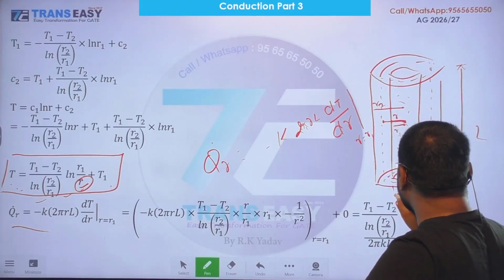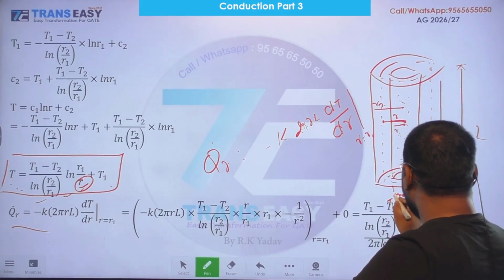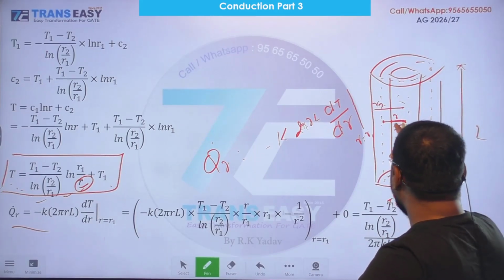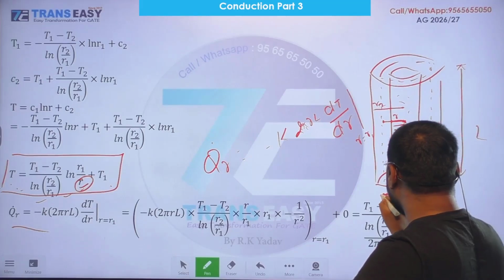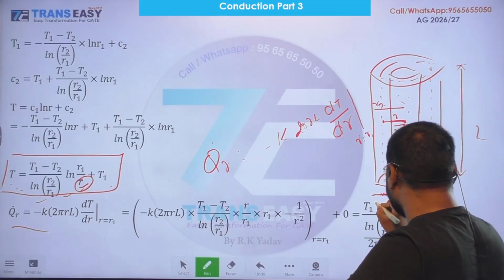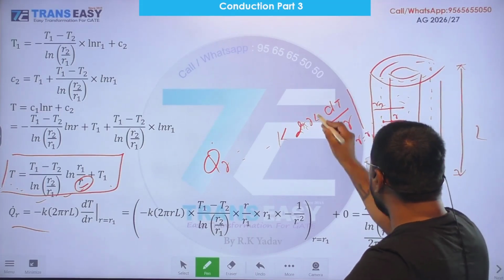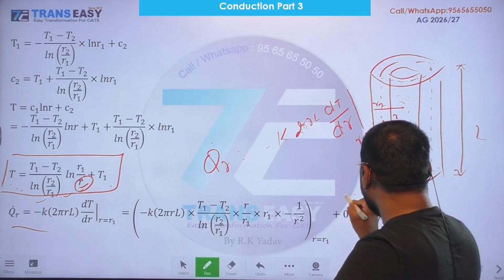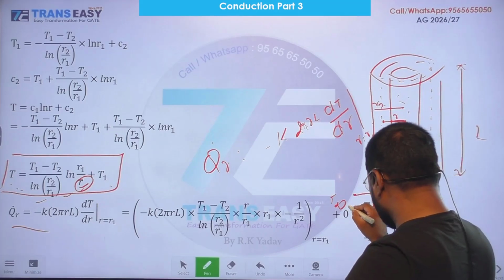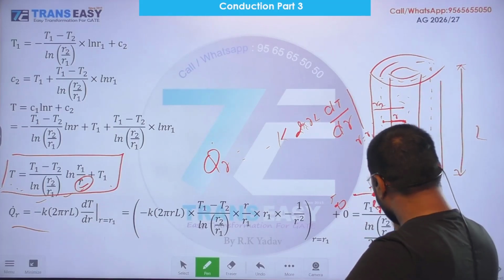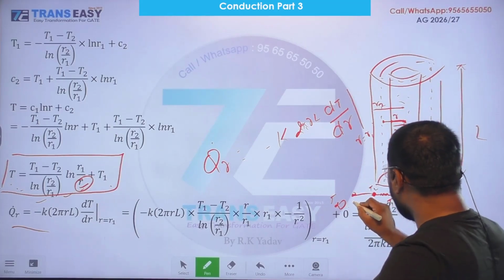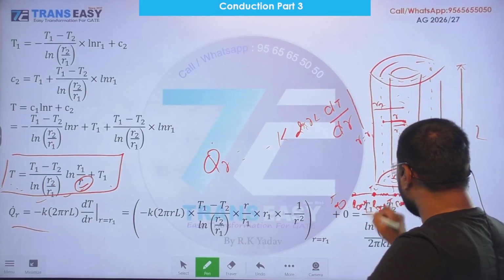Inner surface temperature is T1, and between inner surface and outer surface temperature is decreasing due to conductive resistance of the cylinder, R cylinder, and this is T2. And from T2 to the outside surface, T infinity, we have R convective 2.